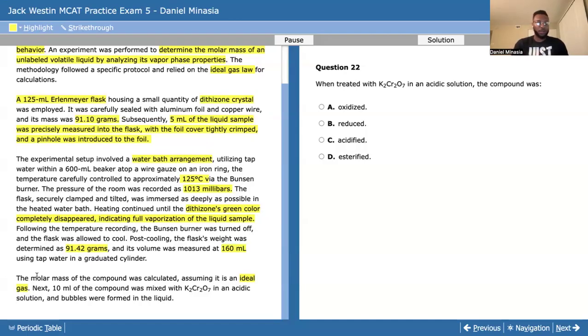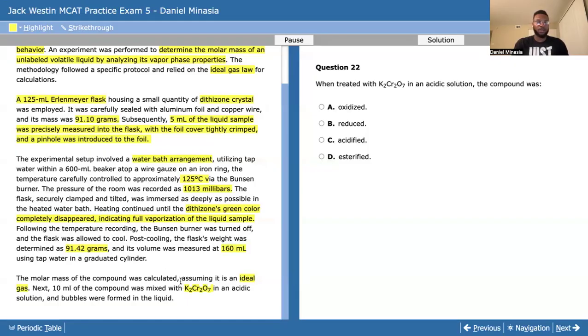All right, next, 10 milliliters of the compound was mixed with, okay, potassium dichromate, I believe. But just looking at it, it's an oxidizing agent. This is one of those things via XP. XP just stands for experience points.